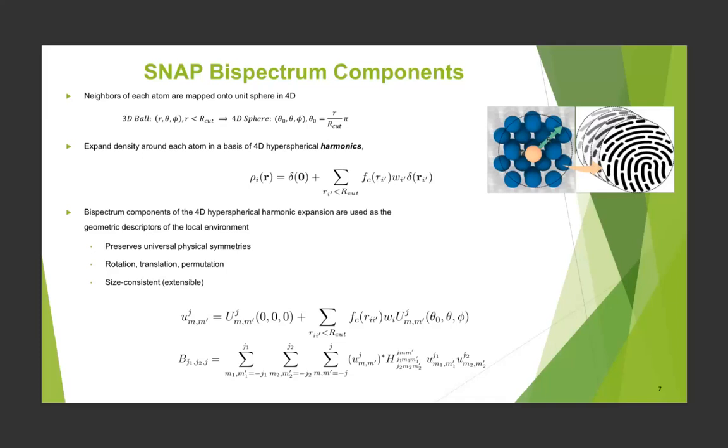So for every set of 3 indices, J1, J2, J, we combine a whole bunch of these U basis functions in a series of nested contractions involving those Clebsch-Gordan coefficients that are constants to obtain the final descriptors. Okay, so that bottom line is essentially the core of the SNAP calculation.